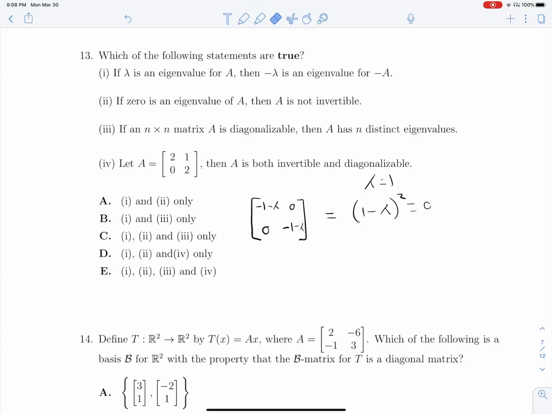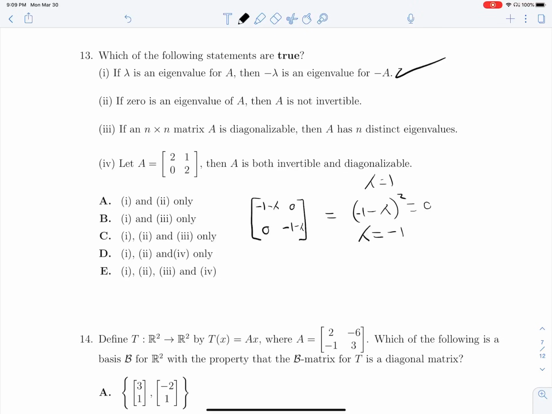That will give us negative 1 minus lambda quantity squared equals 0, which is solved by lambda equals negative 1. This is not a more general case, but if you want to try this with any number of potential n by n matrices, you will see that this does in fact hold.